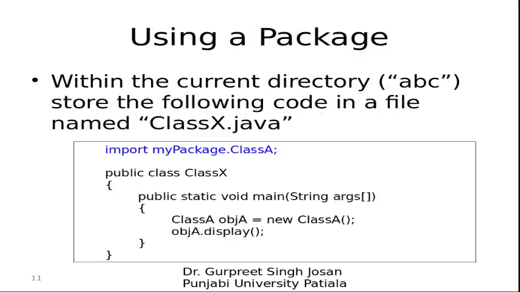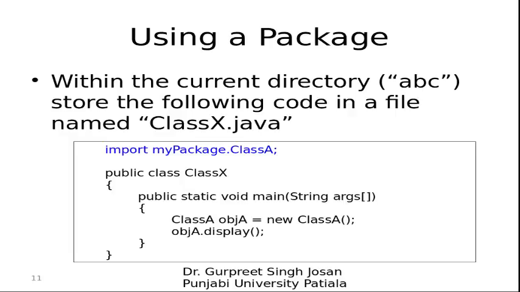When I compile ClassX.java, it will create the ClassX.class file, and that file will be located in the ABC folder. When I try to execute this file, it will look into the mypackage folder for A.class.